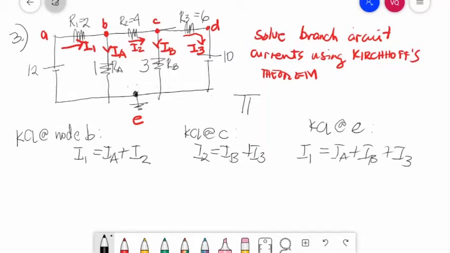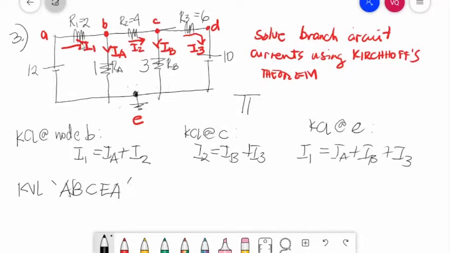So, for me, I will take my KVL at loop A, B, C, E, and A.